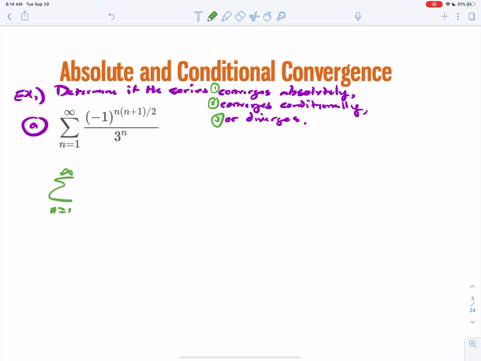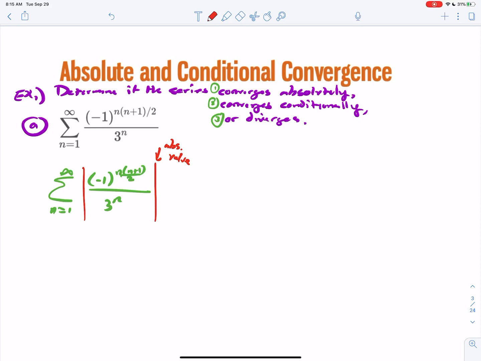I'll write it out again, and you guys should too. Okay? And what you do here is converges absolutely means that you're taking the absolute value. So we're going to take the absolute value if you want to check to see if it converges absolutely, right?